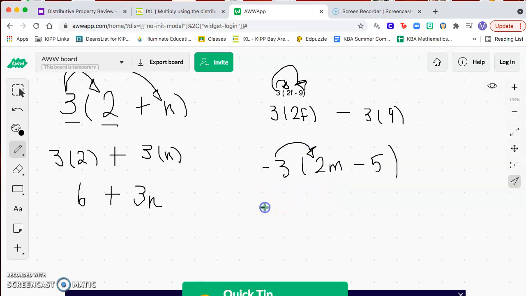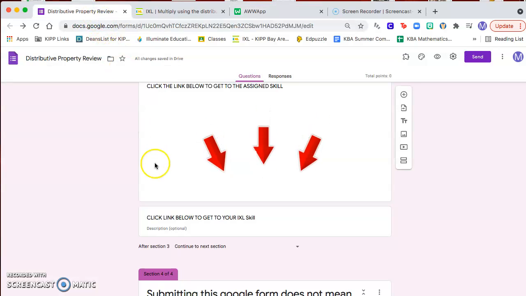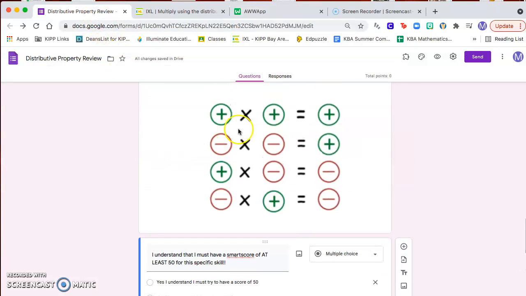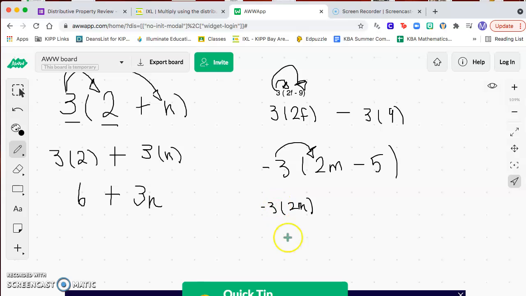So it's the same, but you just have to be really careful with your multiplication rules. So if I'm not sure, I could look at the Google form, and the Google form will tell me, okay, if I multiply a positive with a negative, my answer will be negative. So I know that this would be a negative 6m.